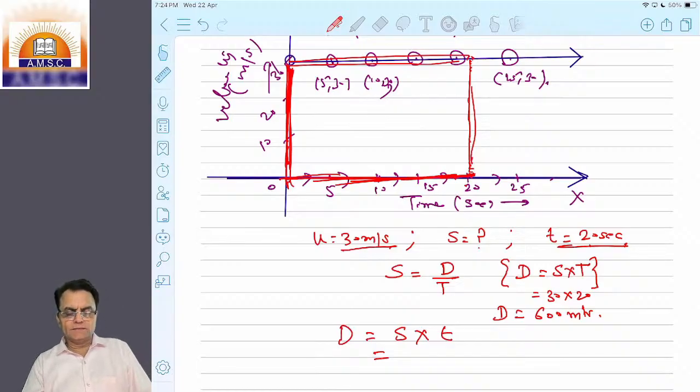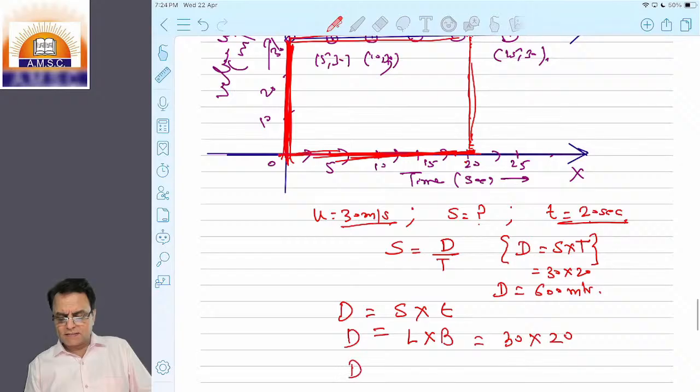What is its length? 30. What is its breadth? 20. तो डिस्टेंस इज बेसिकली इक्वल टू व्हाट? लेंथ कितना था? 30. ब्रेड्थ कितना था? 20. तो आई कैन से दैट डिस्टेंस इज नथिंग बट द एरिया.